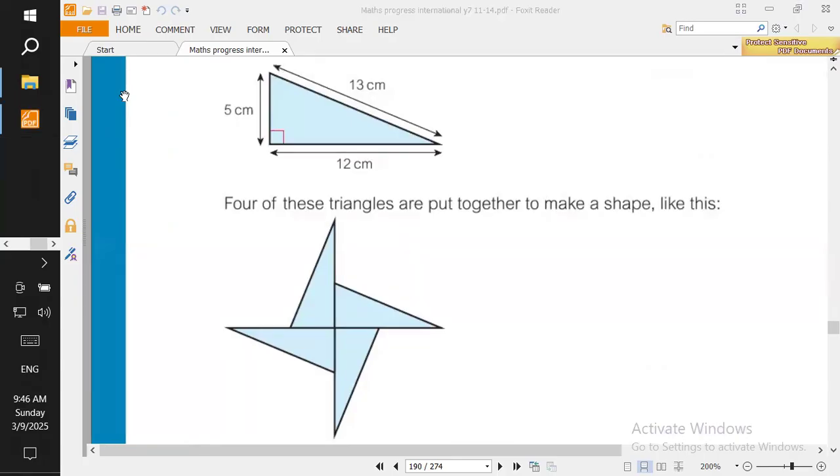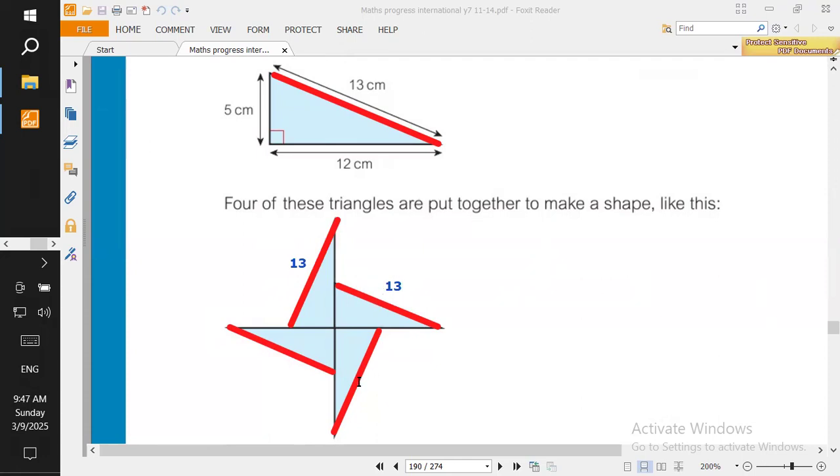When you look at the shape, you'll see that this one is 13, which is the height. So this one is 13 here. This one is 13. This one is 13. And to find the perimeter, I just have to find all the outlines and then label them and then add them together.